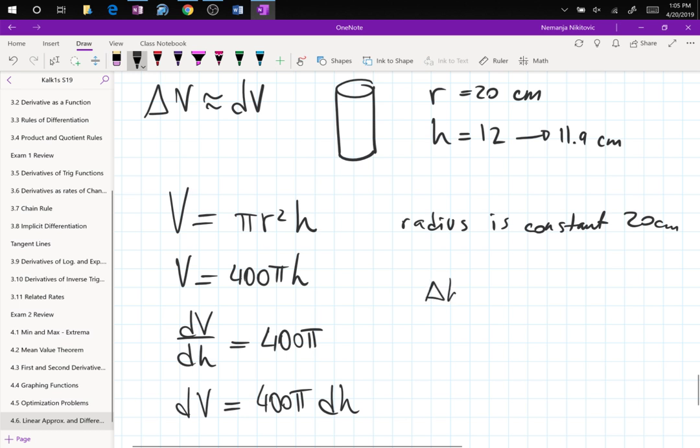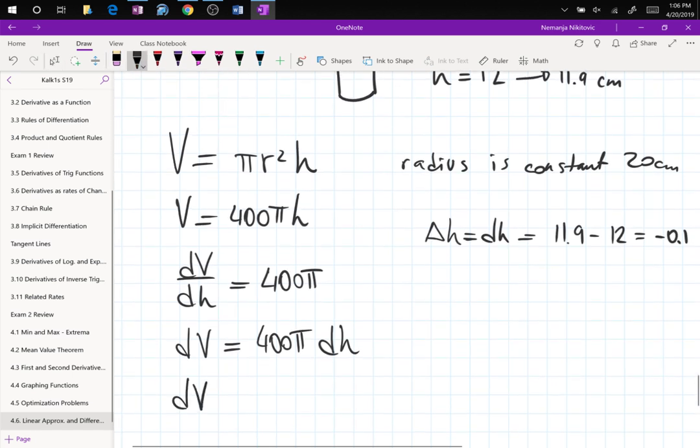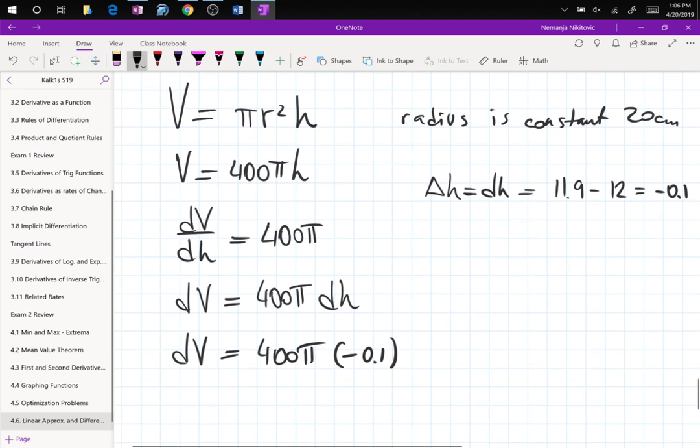Delta H, which is equal to dH, is 11.9 minus 12, which is new minus old, which is negative 0.1. So dV is 400 pi times negative 0.1. So the change in volume is approximated by dV, which is negative 40 pi centimeters cubed.